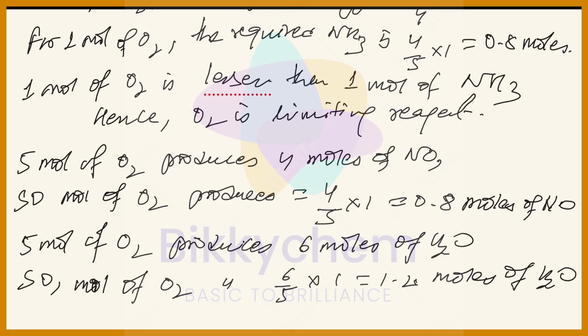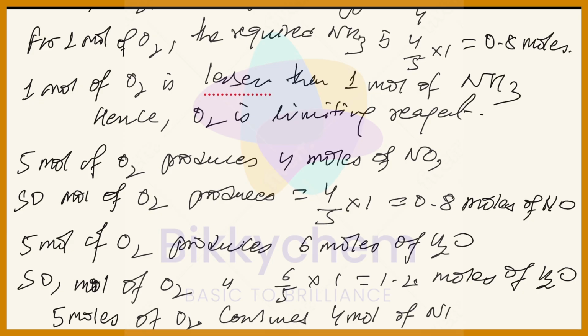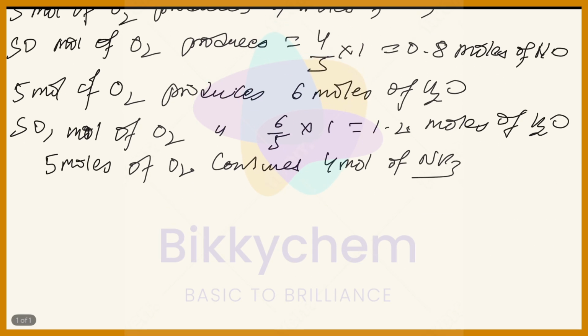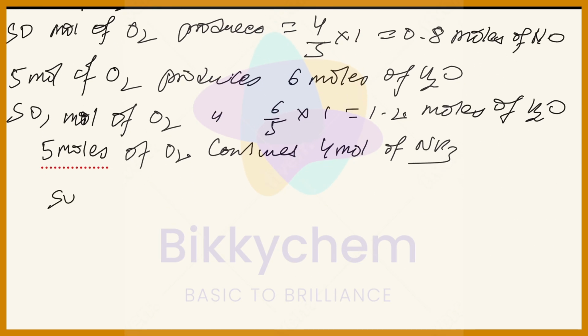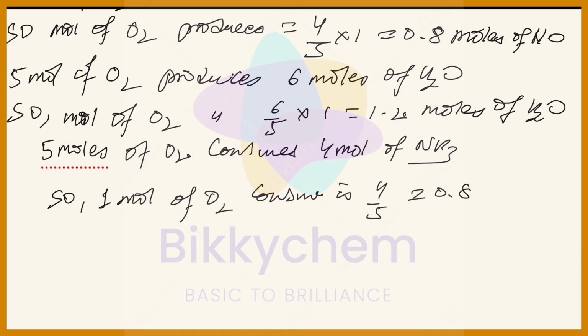Then 5 moles of O2 consume 4 moles of NH3, because oxygen is 1 mole lesser than the ammonia. Hence, 1 mole of O2 consumes 4/5, which equals 0.8 moles of NH3.